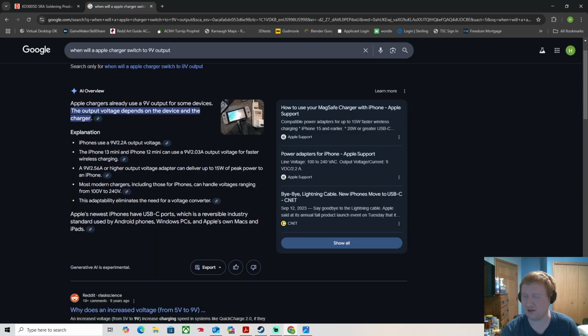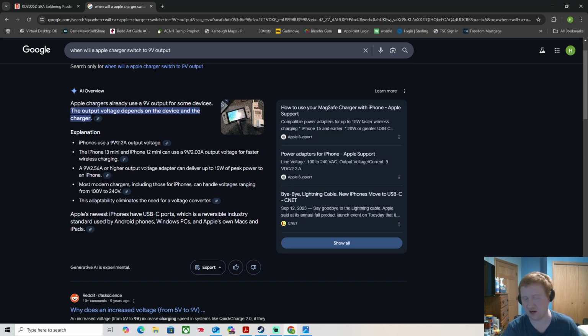But anyway, so back to the point. There's a bit of smart, probably like a microprocessor or something in there that communicates with the device you are connecting to, and it can detect whether the device requires simple 5-volt or if it requires a little bit more for faster charging.